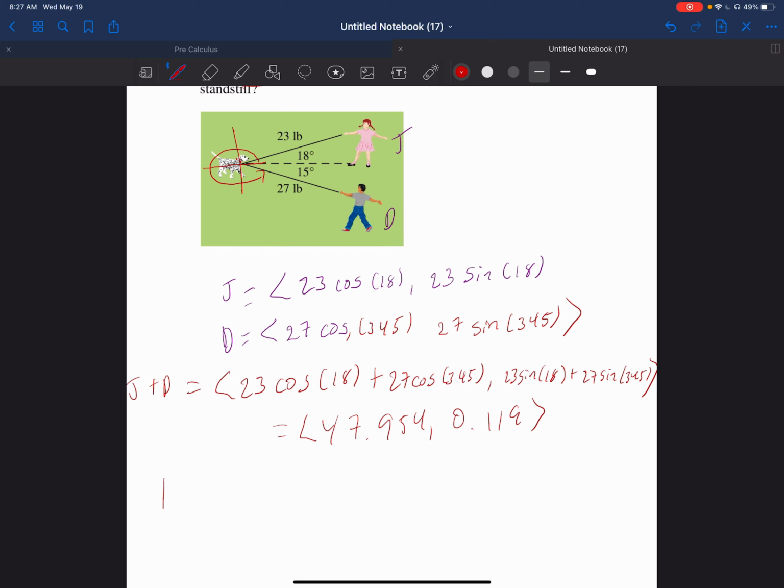Again, I have to find the magnitude of J plus D, and then in this case that will be the square root of 47.954 squared plus 0.119 squared.